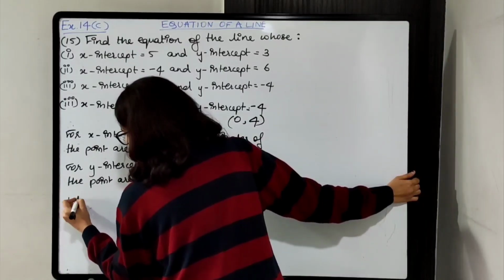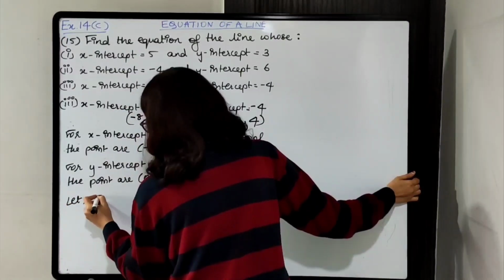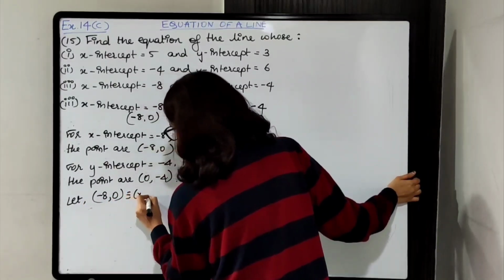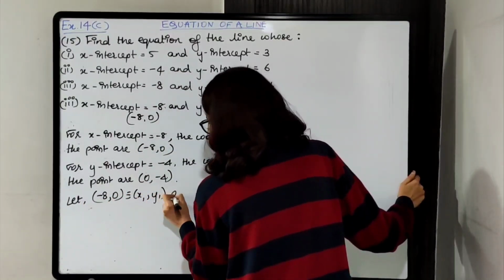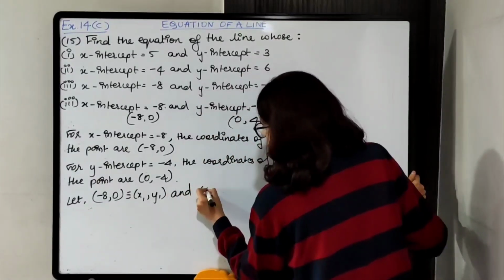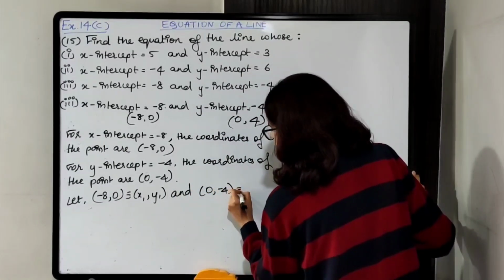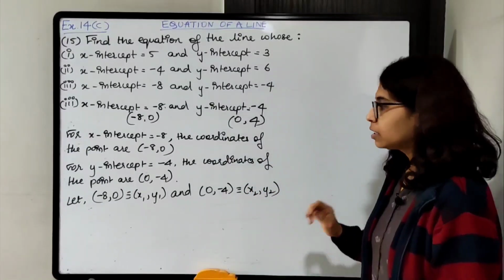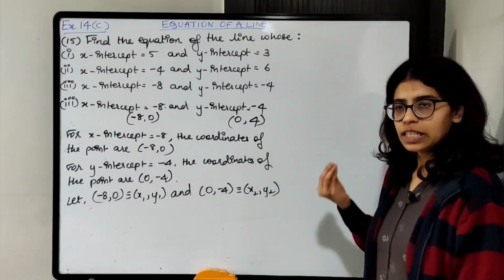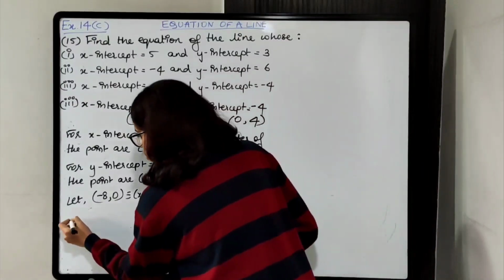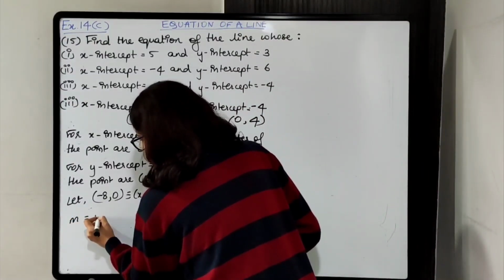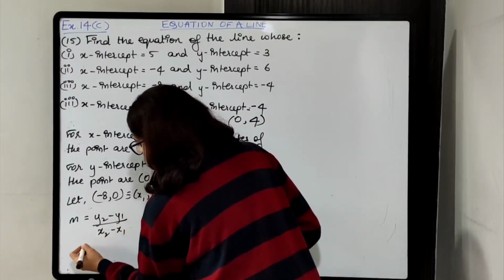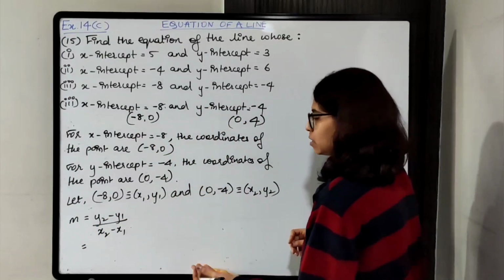So let minus 8 comma 0 be x1 y1 and 0 comma minus 4 be x2 y2. All right, we need to find the slope first. So slope will be y2 minus y1 upon x2 minus x1, or y1 minus y2 upon x1 minus x2.